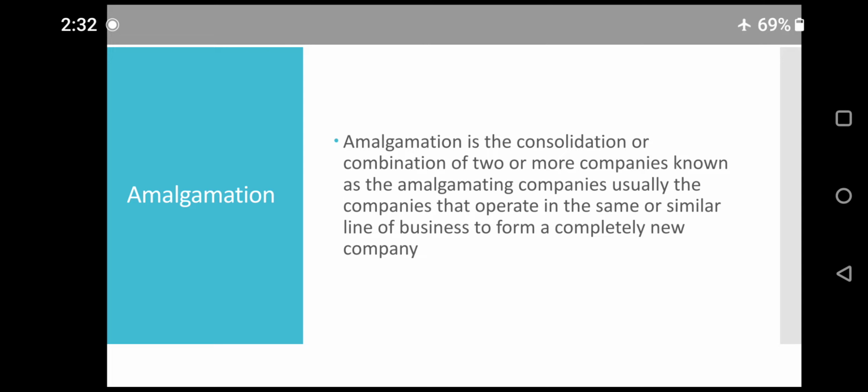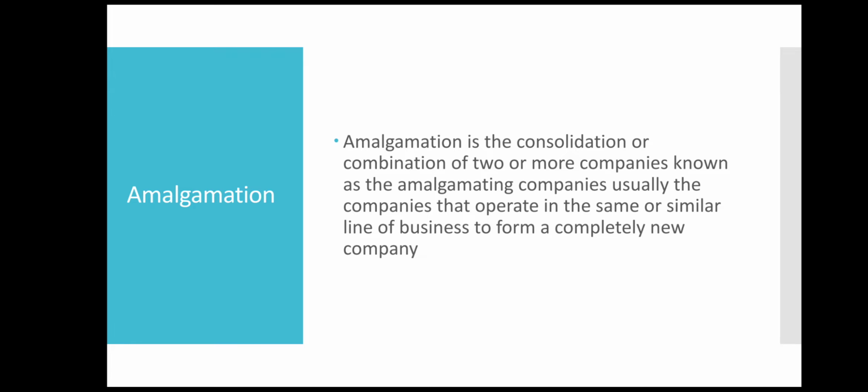Next is amalgamation. Amalgamation is the consolidation or combination of two or more companies known as the amalgamating companies. Usually the companies that operate in the same or similar line of business come together and form a completely new company.